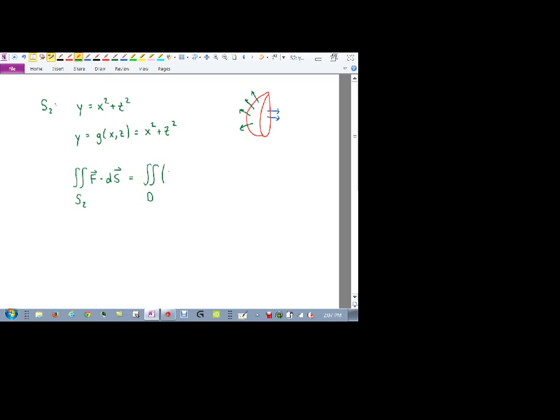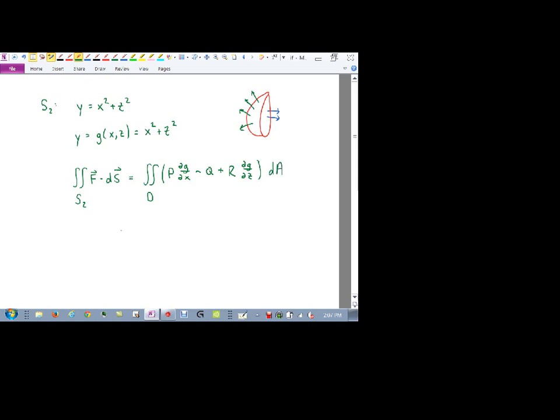So I'm using this formula instead: P partial g with respect to x, minus Q, plus R partial g with respect to z, dA.